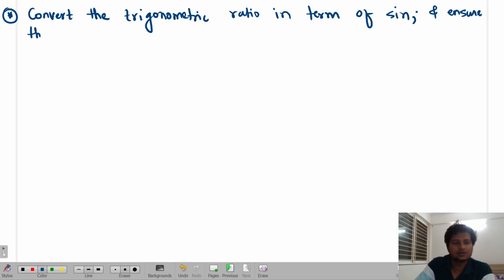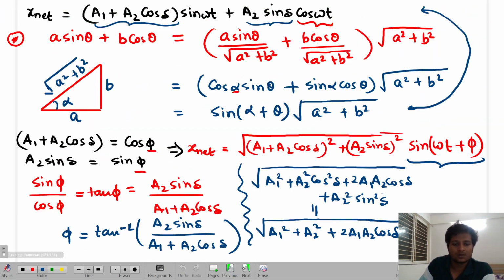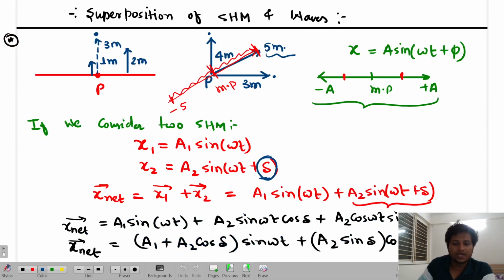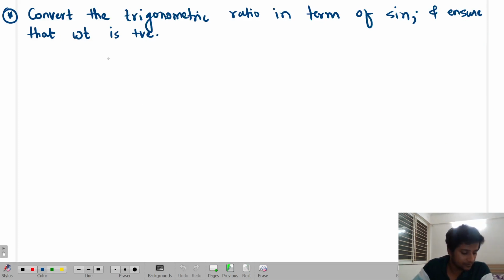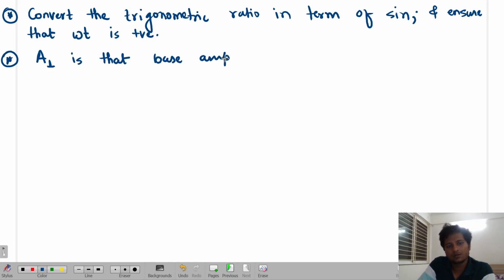And along with this there is one more condition: ensure that the omega t term is positive. क्या मानना है ओमेगा टी टर्म को? ये जो ओमेगा टी यहाँ पे लिखा जा रहा है वो कैसा रहना चाहिए? पॉजिटिव. इज दैट क्लियर और नॉट? ठीक. सेकेंड पॉइंट क्या बोला कि अगर हम वेक्टर रिजल्ट कंसिडर कर रहे हैं तो A1 is that base amplitude which is smallest. कैसा रहना चाहिए?